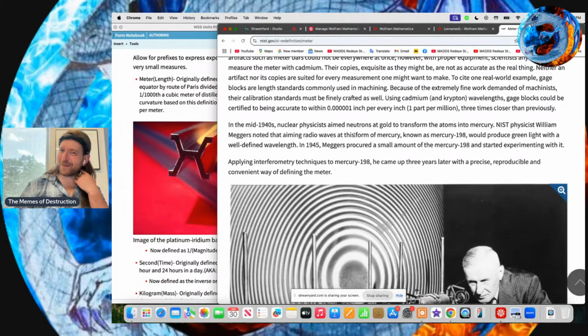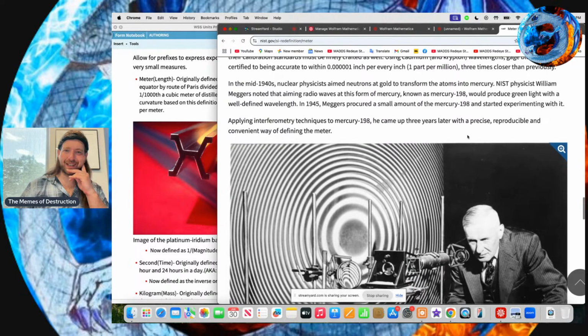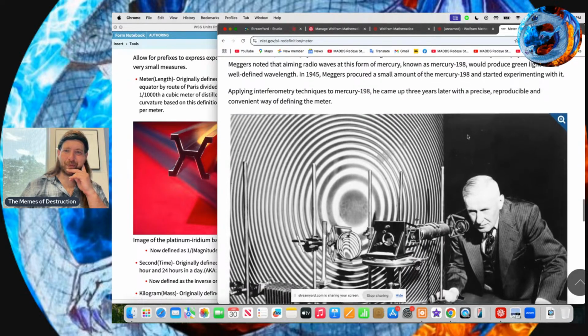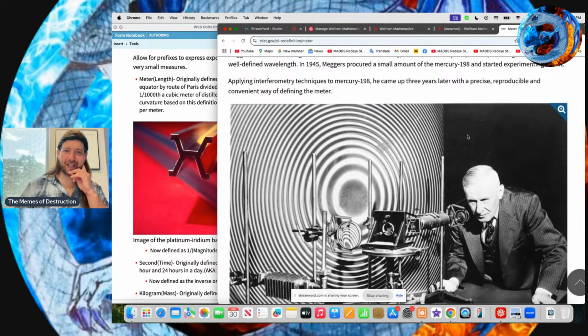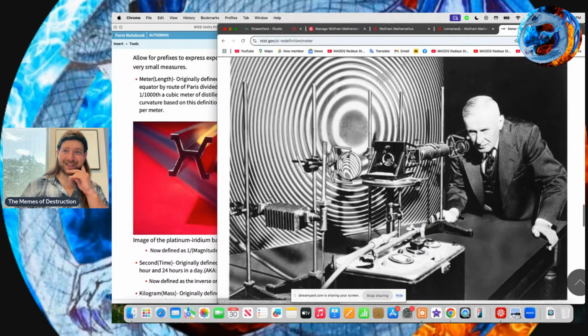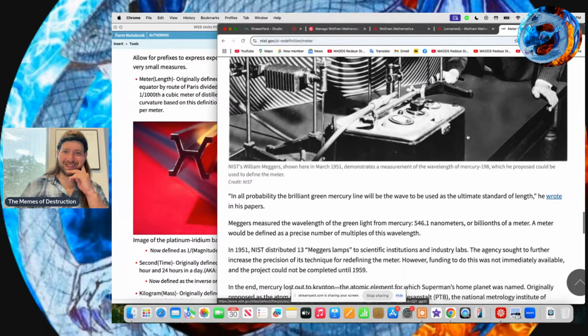In the 1940s, nuclear physicists aimed neutrons at gold to transform the atoms into mercury. They noticed that this form of mercury, known as mercury 198, would produce green light with a well-defined wavelength. They produced a small amount and started experimenting with it. Within 3 years, they had a precise and convenient way of defining the meter.